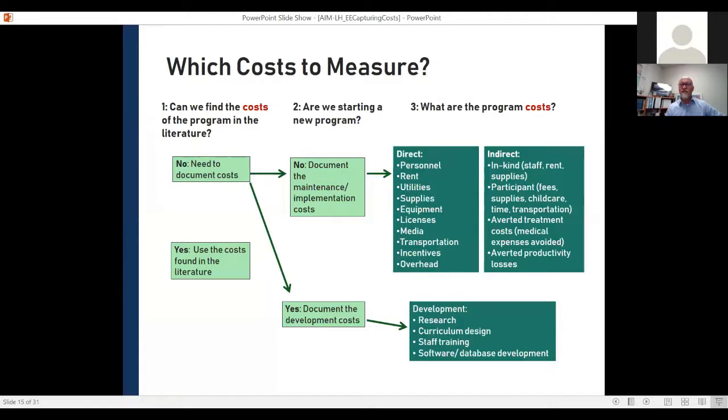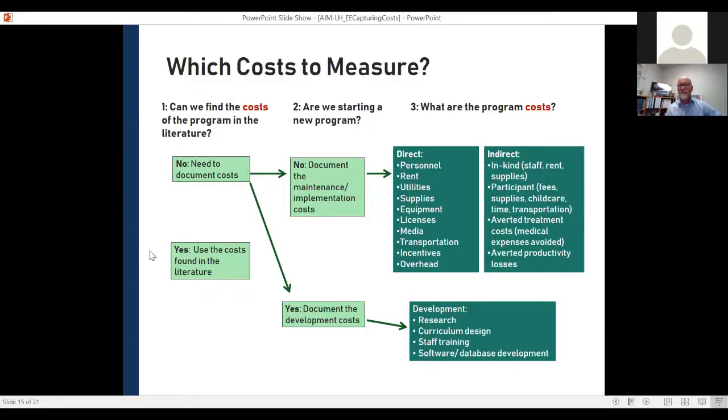So here's a quick decision tree to help us walk through. This is actually also a helpful diagram if you decide to go down this path of doing your own cost analysis or beginning a broader economic evaluation. The first question is, can we find the costs in the literature? I would always suggest, before doing an economic evaluation on your own, see what you can find in the literature.